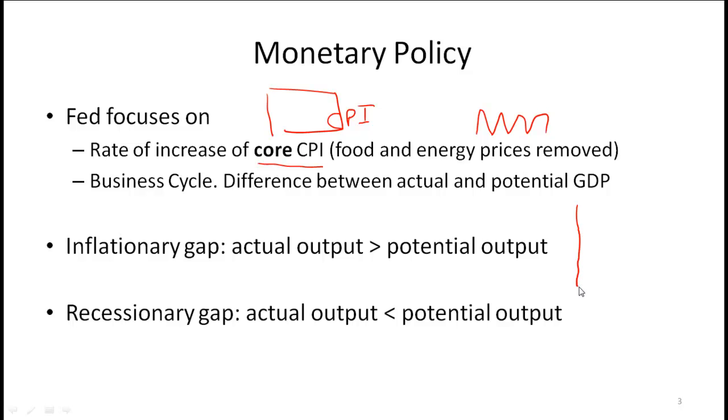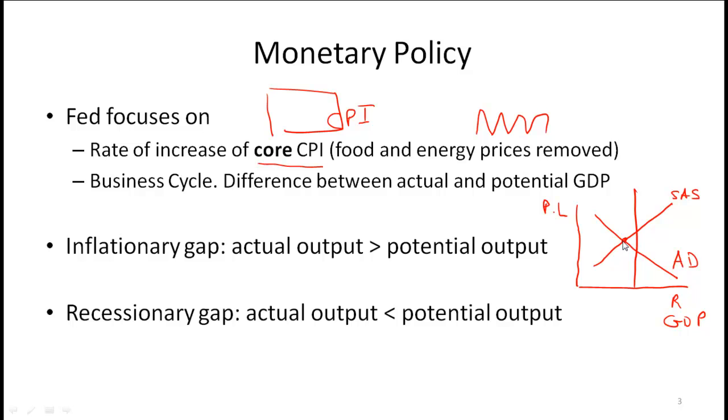So let's look at a situation where we are looking at real GDP on the X and price level on the Y. If this is our potential GDP, what does this situation tell us? So aggregate demand, short run aggregate supply.